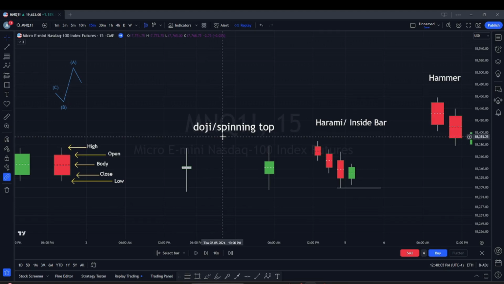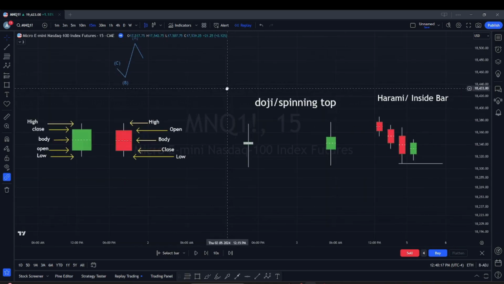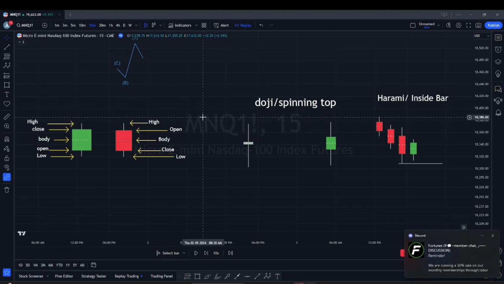The first ones I want to talk about are your doji candles or your spinning tops. I love these candles. That's why it's my first one. It's the first I look for when signaling some sort of hesitation in the market or a reversal happening. Normally, the regular candlesticks you want to look for are over here, like your big, fat body, not a whole lot of wicking going on.